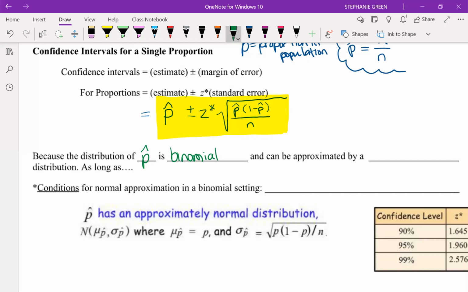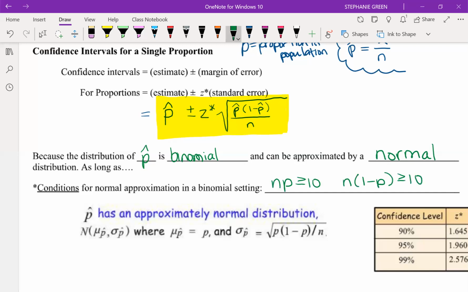Okay, but moving on. With binomial distributions, we know we like to approximate the probabilities of binomial events by using a normal distribution. And the conditions for using normal approximation in a binomial distribution are the exact same as they were in a previous unit. np has to be greater than or equal to 10, and n times 1 minus p has to be greater than or equal to 10 in order to use normal approximation.